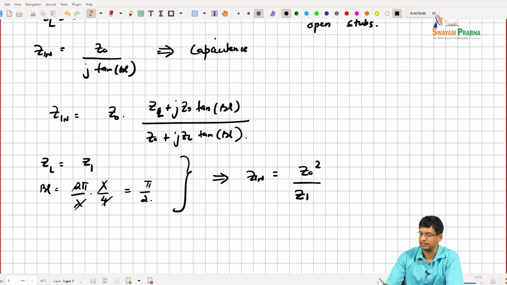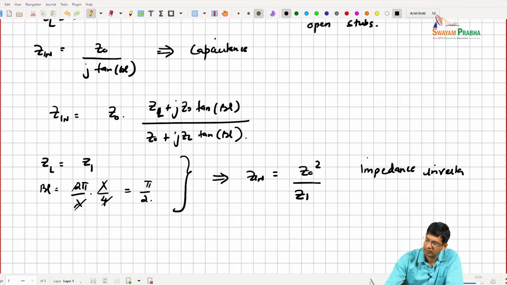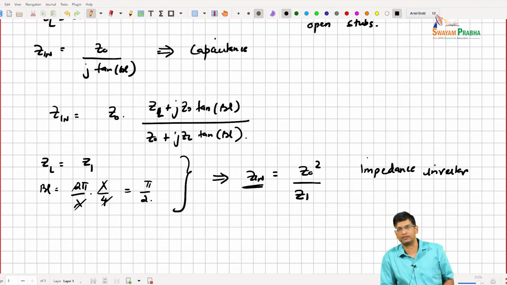We call this impedance inversion, or an impedance inverter, because the impedance you see is now proportional to 1 over Z1, the reciprocal of your impedance.